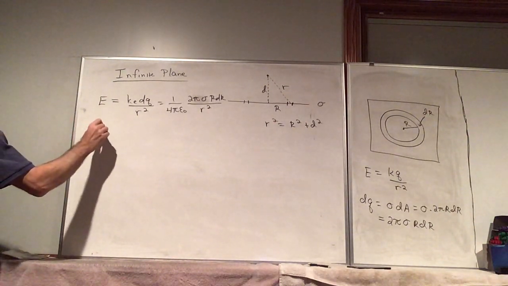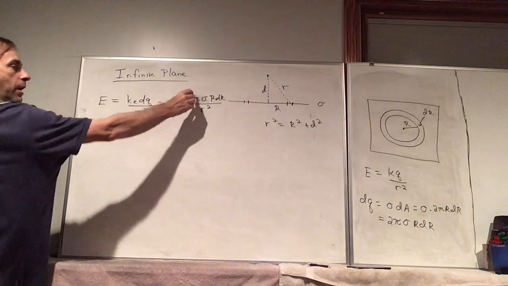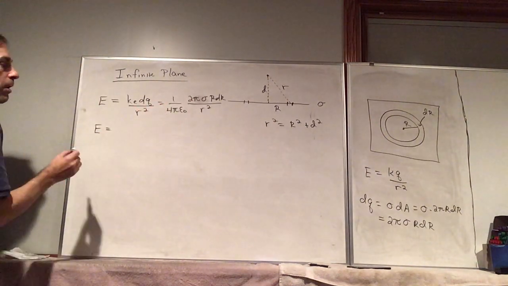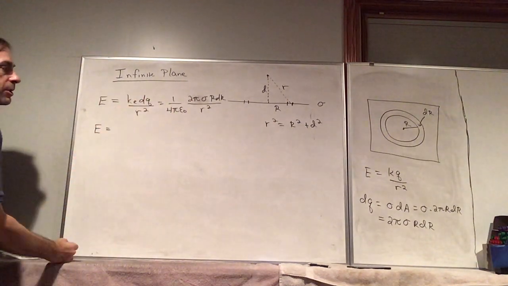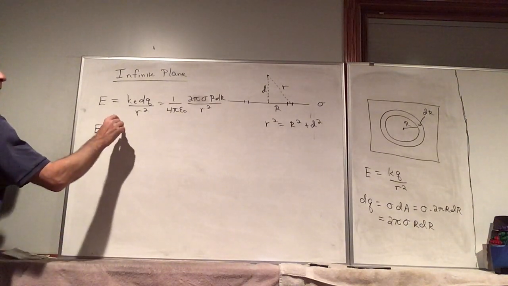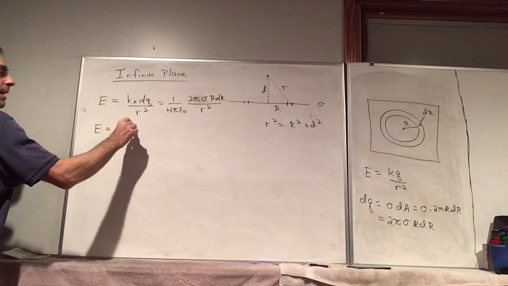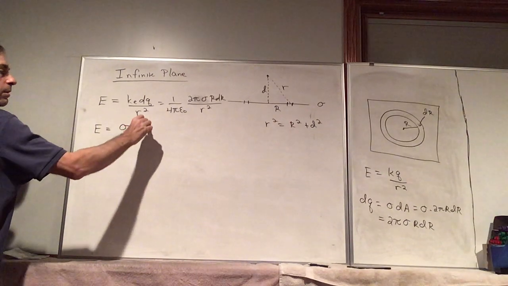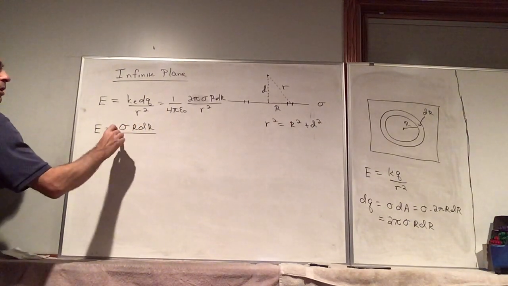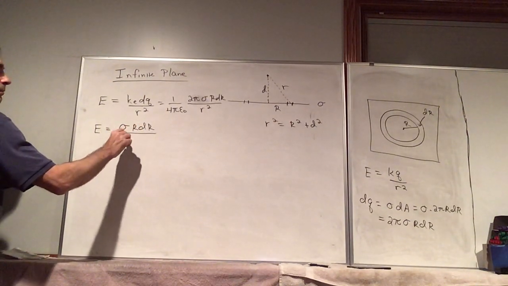So the magnitude of our electric field, the 2 pi and the 4 pi just reduce to 2 in the denominator. So we have sigma R dR over 2 r squared.